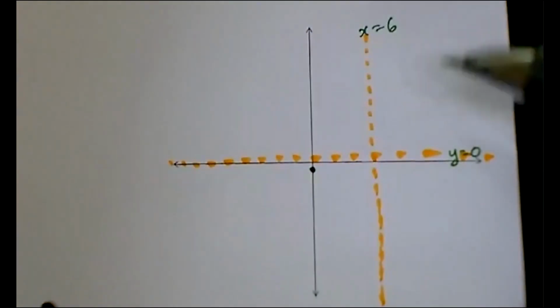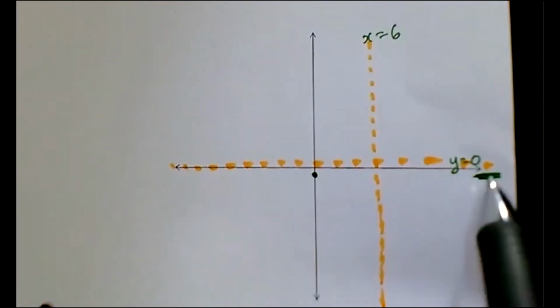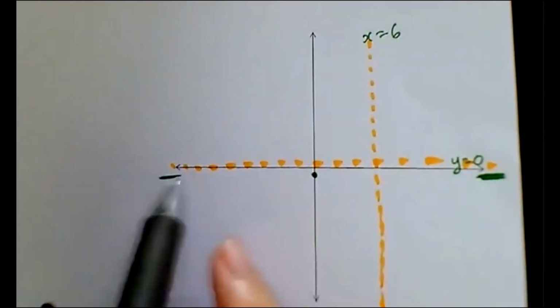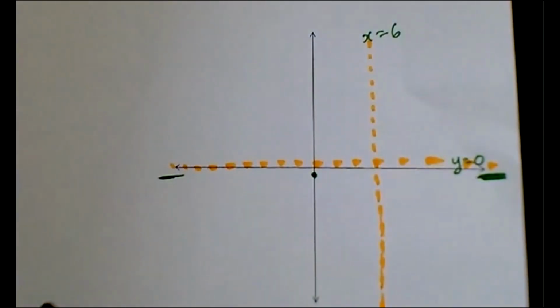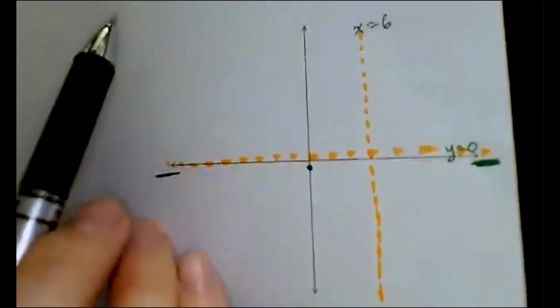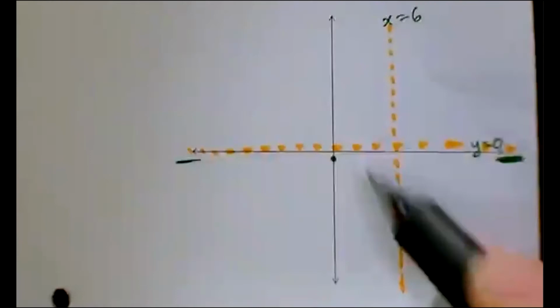My end behavior, as I approach positive infinity, I'm going to be underneath the 0. At negative infinity, I'm also going to be under 0. Interesting. Just to confirm I'm not doing anything stupid. Right? Okay. And then, when I get close to the vertical asymptote, what did I end up with? A negative value. So it's going to be somewhere here.